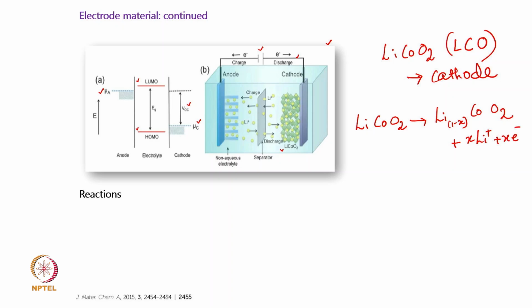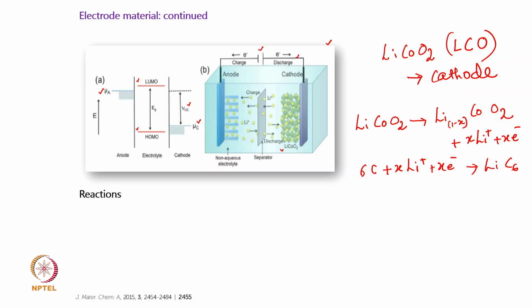Now the anode gets lithium, which is intercalated in the anode, say graphite. If I take 6 carbon atoms, 6C, then lithium reacts with it and produces LiC6.